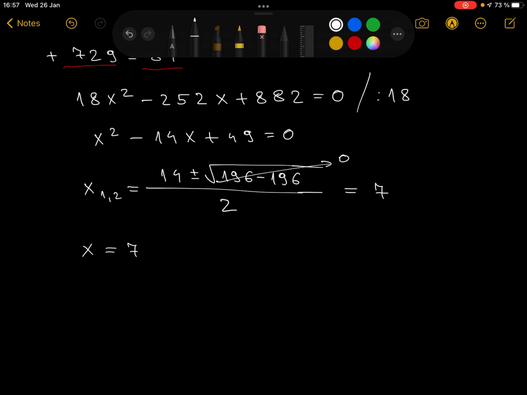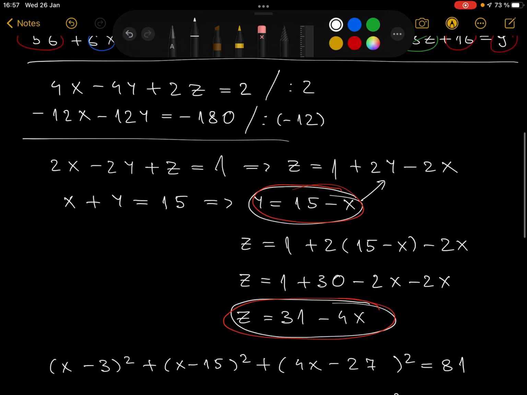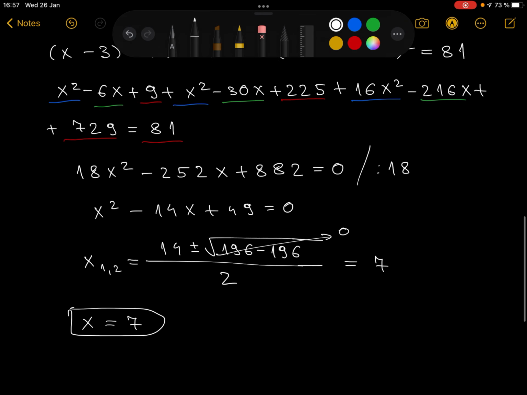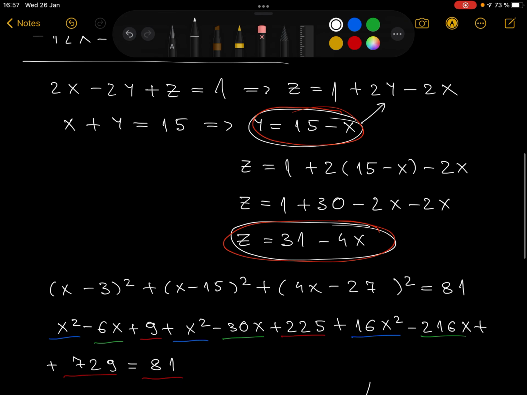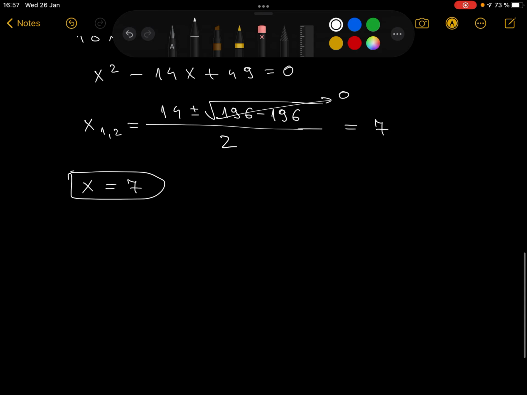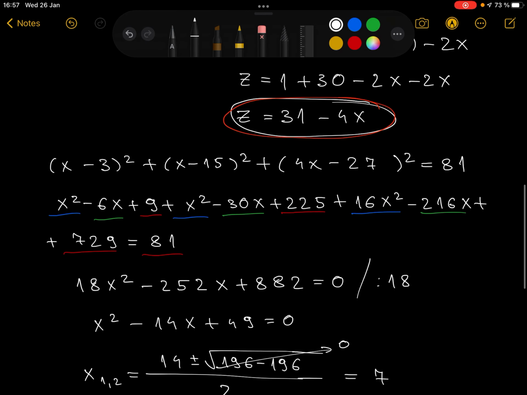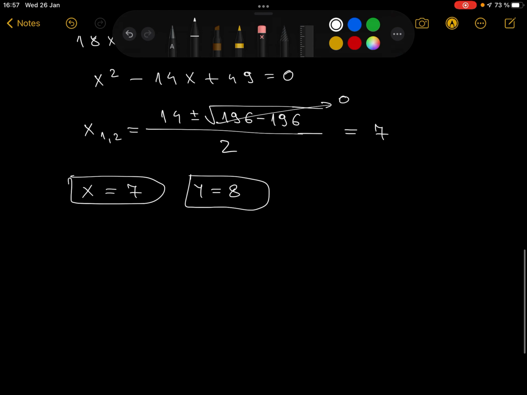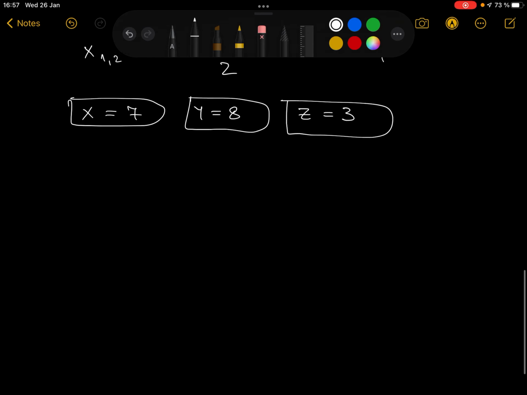So the only solution to this system, in terms of x, is x equals 7. That's the first part of the answer. The second part of the answer, y is equal to 15 minus x, so that's 15 minus 7, which is 8. And z is equal to 31 minus 4x, that's 31 minus 28, which is the same as 3.